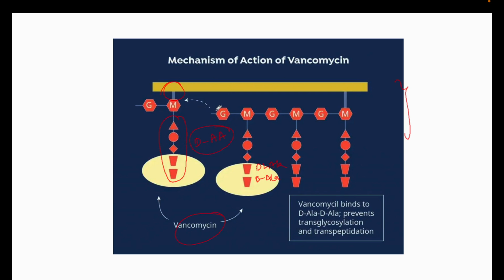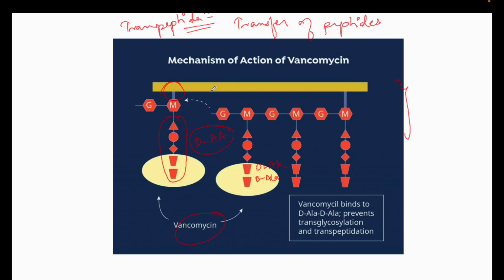The transfer of glycosyl to these sugar residues is inhibited. And the process known as transpeptidation, that is transfer of peptides, is also inhibited because of vancomycin binding to these D-alanine residues.